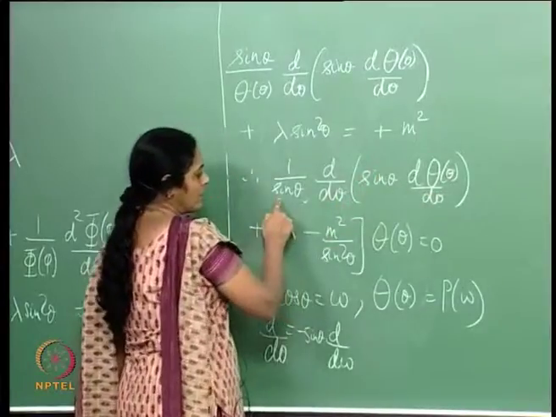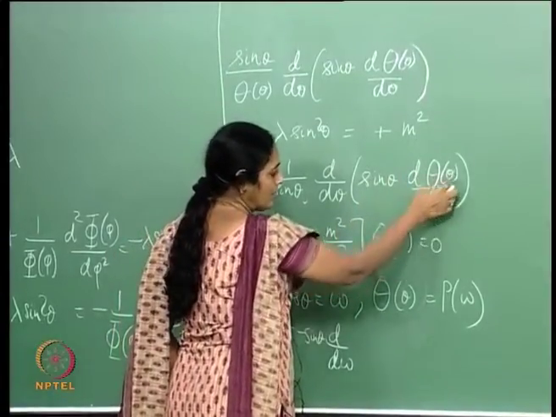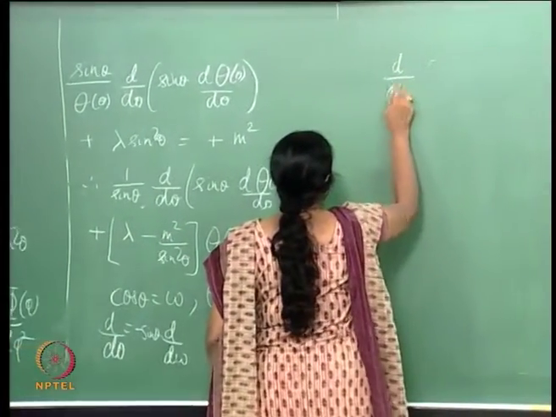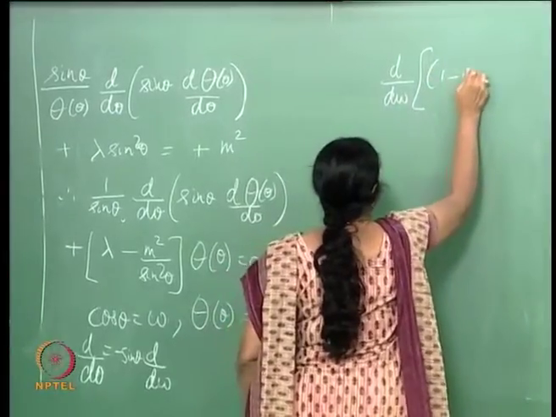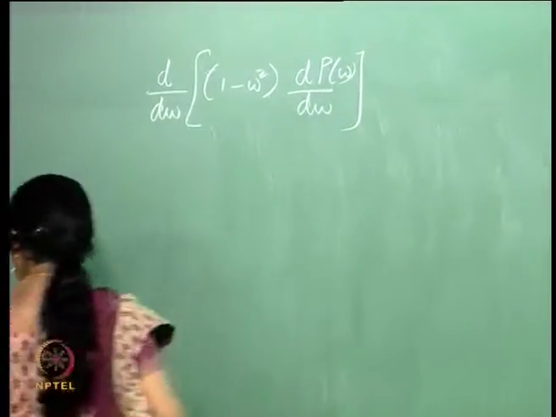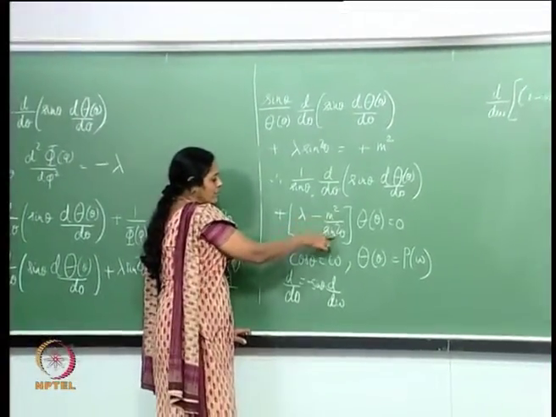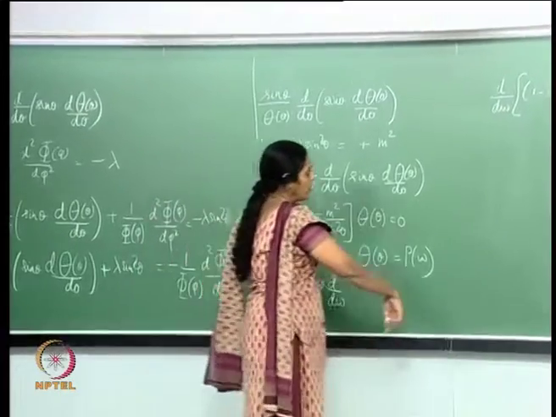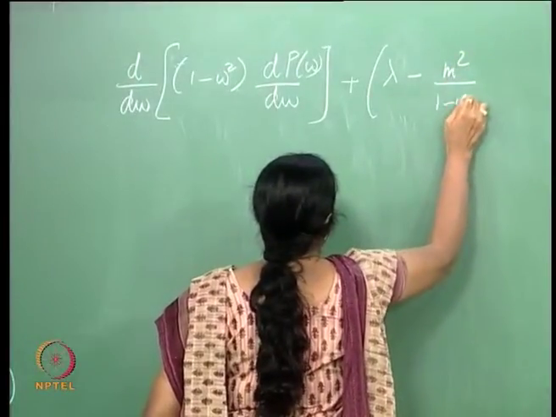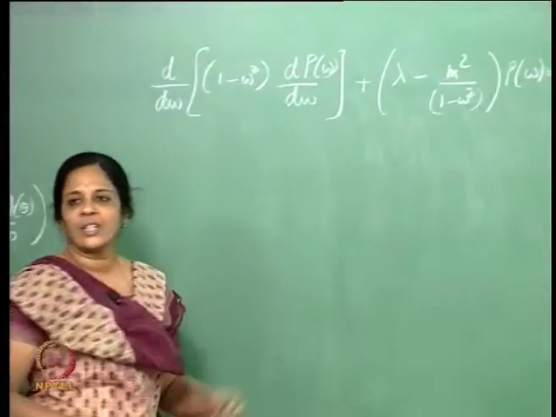So, this whole thing just becomes d by dW of 1 minus W squared d by dW of P of W. So, the first term just becomes this, plus lambda minus m squared by 1 minus W squared, P of W equals 0. So, this is the equation I have.